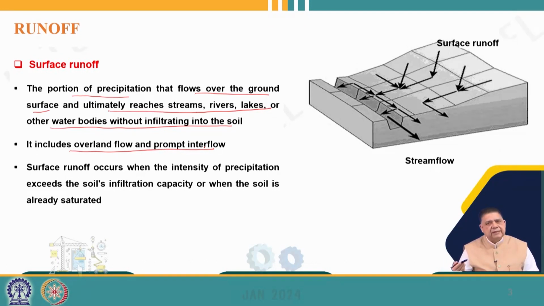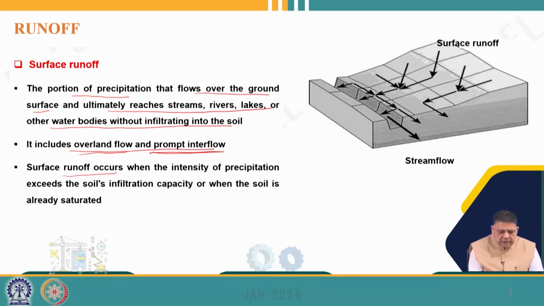And while discussing stream flow, we also found that rapid interflow, the part of infiltration that goes in but flows parallel to the top soil surface, might reappear on the surface. So overland flow and the prompt or rapid interflow constitute surface runoff.